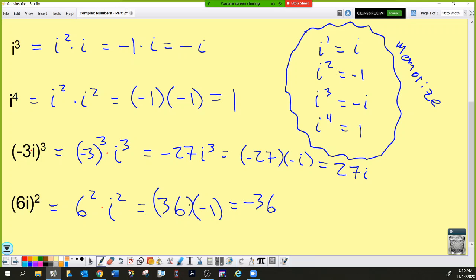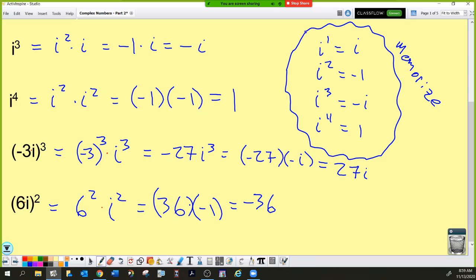I will tell you though, I want you to know higher powers of i. I to any power that I ask, you should be able to do. And the reason why is because that pattern that you see, that squiggly bubble up there, sets the pattern of i's. Those are the only 4 values that i powers can have: i, -1, -i, 1.